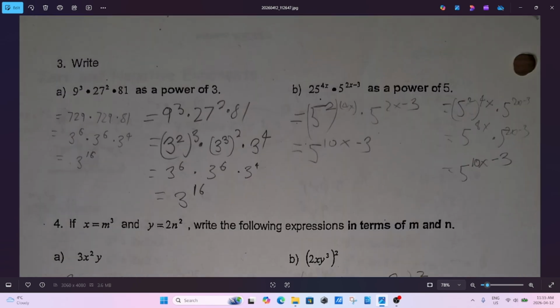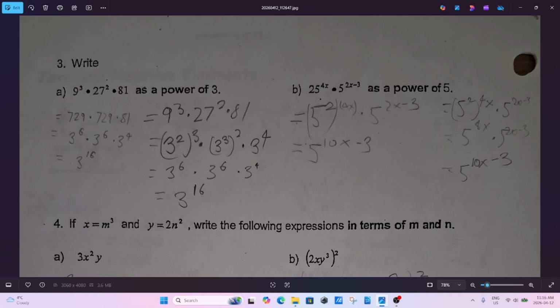Number 3, write A, 9 cubed times 27 squared times 81 as a power of 3. So that is equal to 9 cubed times 27 squared times 81. And we try to make it a power of 3. So 9 is just 3 squared. So that's 3 squared, to the exponent cube. And then 27, that's just 3 cubed, which is equal to (3 cubed) squared, because it's 27 squared.